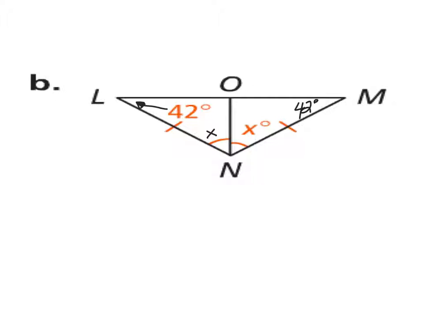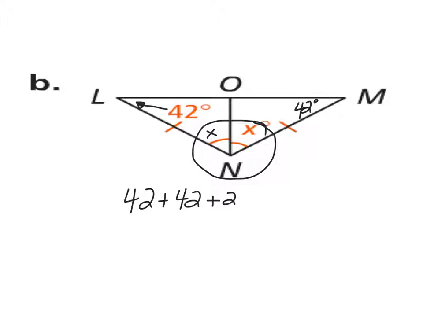I've got 42 in the top left corner. I've got 42 in the top right corner. Those are the first two angles. And then if I take these two together, that makes angle N. So I've got angle L, angle M, and angle N, which is two x's together, or x plus x, and that is going to equal 180. Now, when I add these, I get 84.